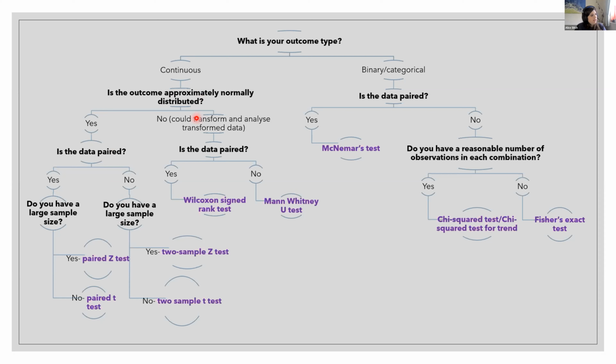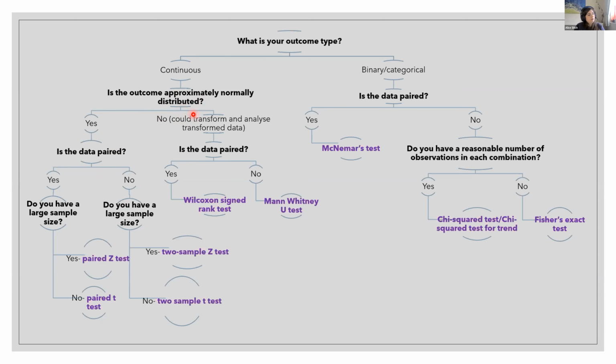If we don't have that, and perhaps there is no transformation that will help us here, then we are starting to look at our non-parametric alternatives. So again, we do need to ask ourselves about whether we have the structure in our data. So is it paired? If we do have pairing in our data, then we can use what's called the Wilcoxon signed rank test.